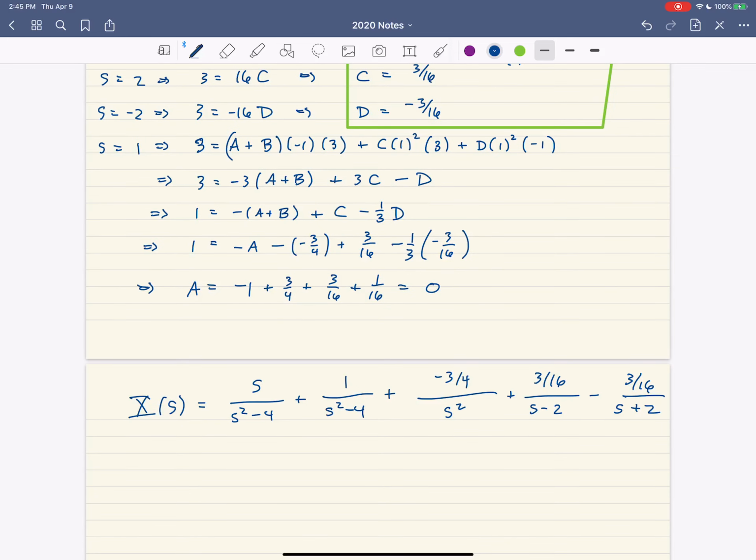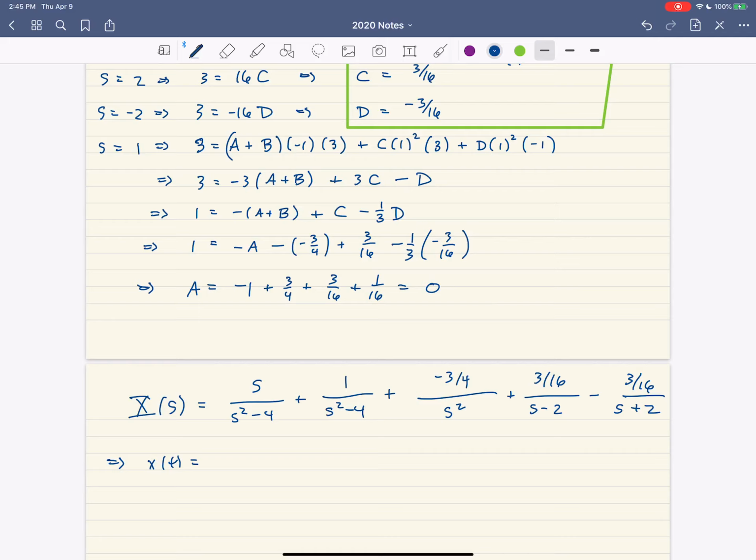And now we're ready. If you're up for it, we could have also grouped these two together. I just want to point out that there's no real advantage or disadvantage of doing that, but whatever your preference is fine. So it turns out that little x of t is going to be the inverse Laplace transform of this mess on the right that we have.